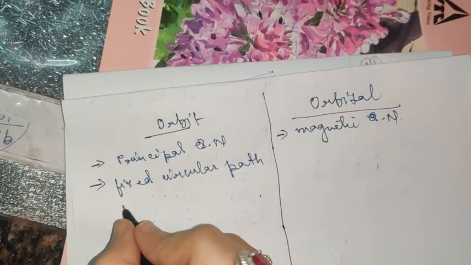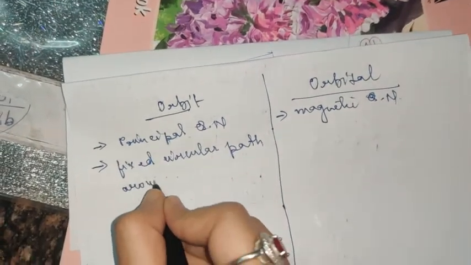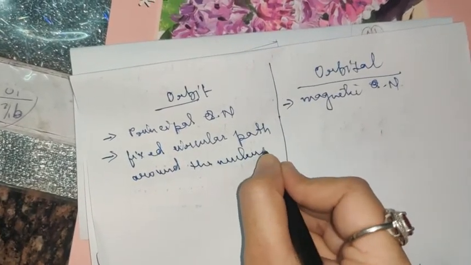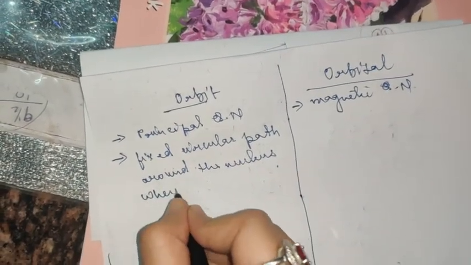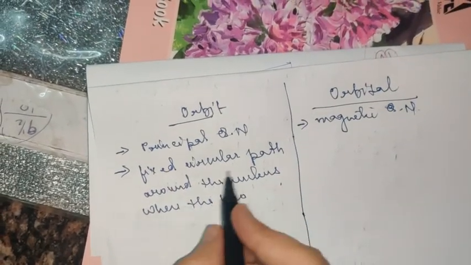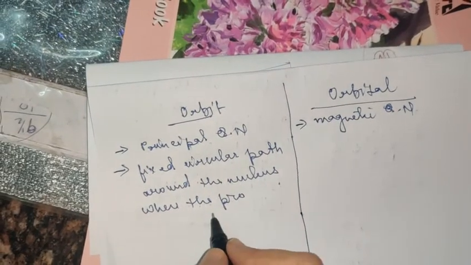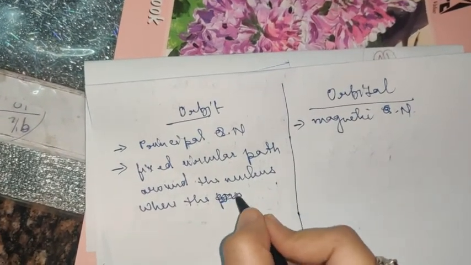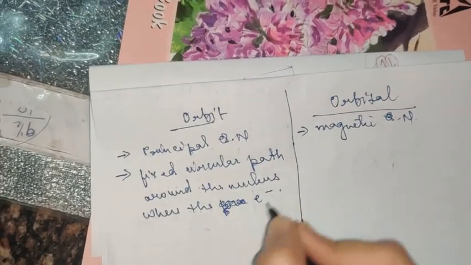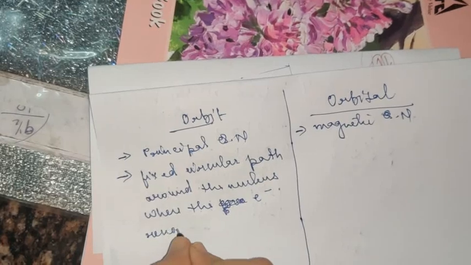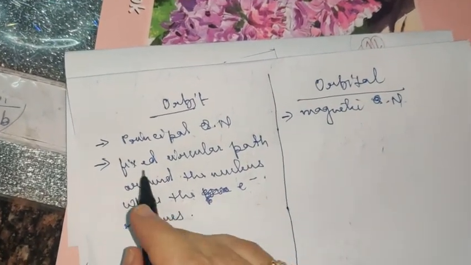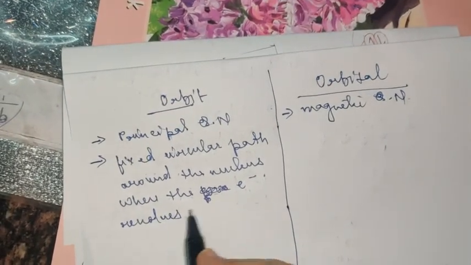Fixed circular path around the nucleus where the electron revolves. It is the fixed circular path around the nucleus where the electron revolves.